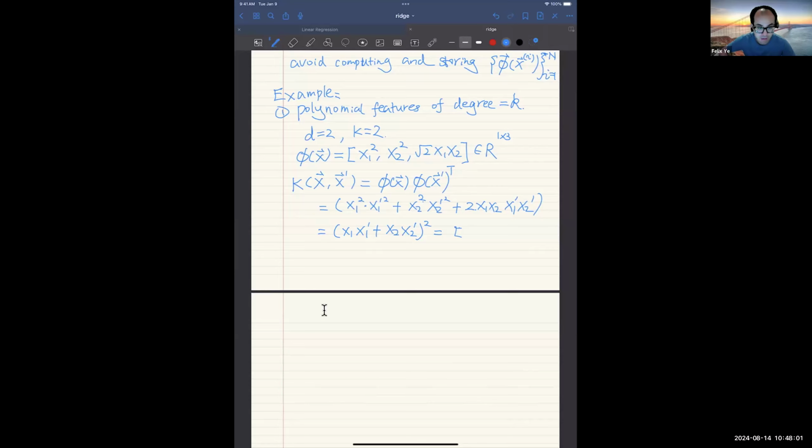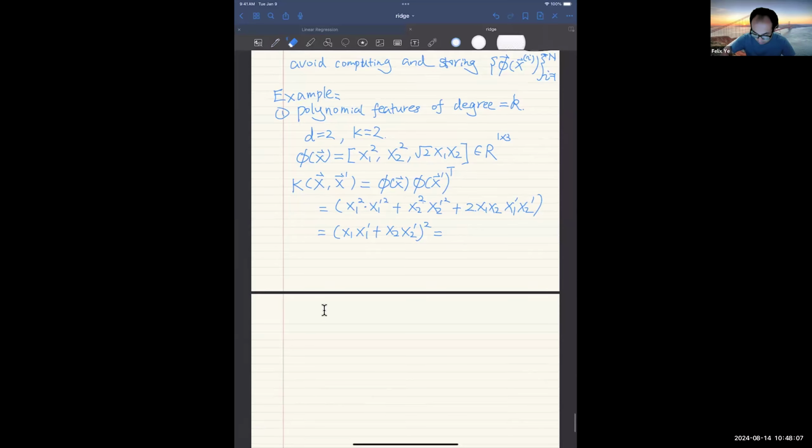If you write x as a column vector, x equals x1, x2, then this becomes (x transpose x prime) squared.